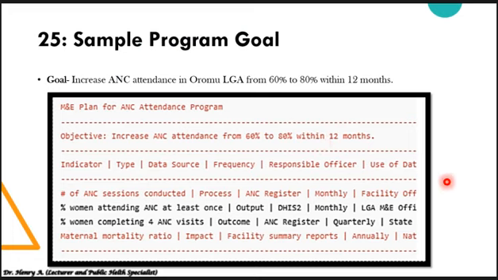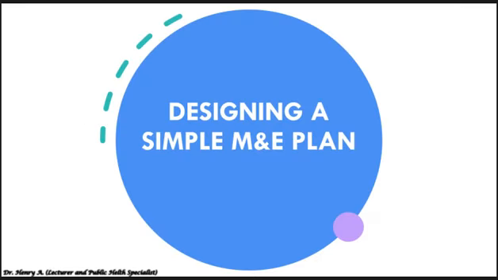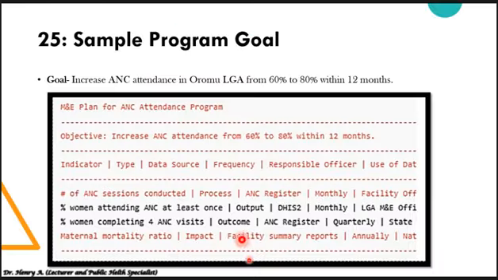Now, when you say a sample program goal, that is, you want to design the M&E plan, you must understand why we do that. An example: to increase the ANC attendance in Oromo local government area from 60% to 80% within the next 12 months.